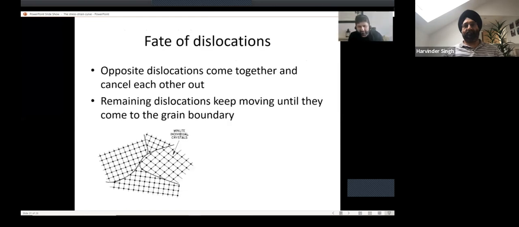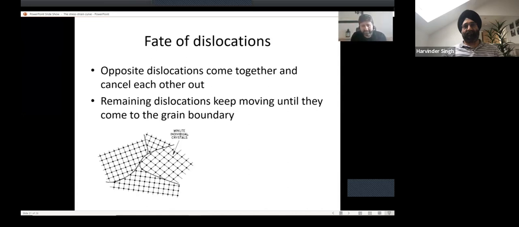So let's think about the fate of the dislocations. What can happen is that when you have an edge dislocation, which is an incomplete layer, it can be traveling along through the lattice and it may come across an edge dislocation of the opposite sense, and the two come together and form a complete layer and cancel each other out. If you get two edge dislocations that are the same, they will literally crash into each other and they might stop moving.